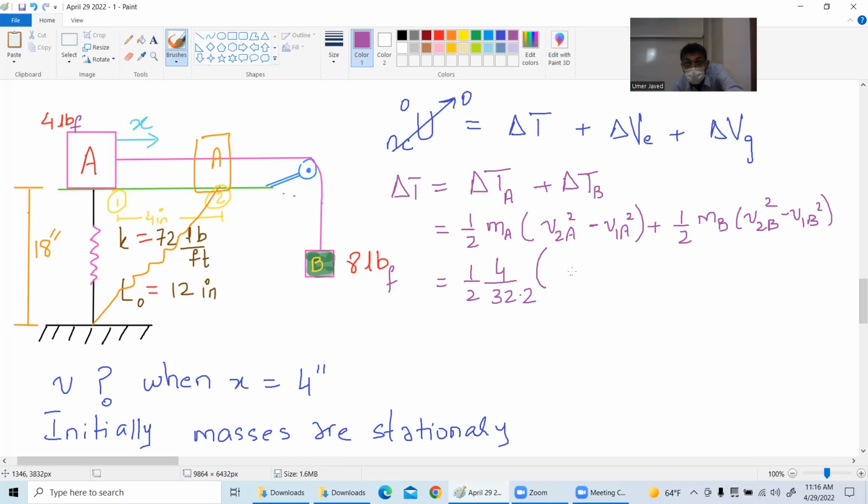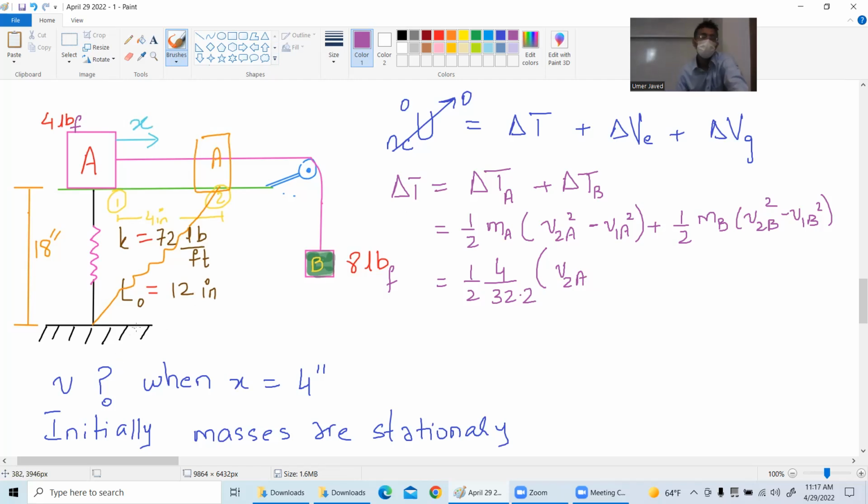So we have V2A, which is unknown to me, I suppose. What is the question, by the way? Oh, the question is find X max. I think I forgot to ask you the question. The question is about V. Velocity is unknown, but X is given.